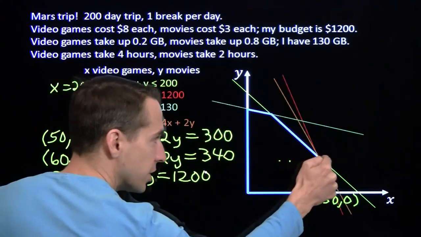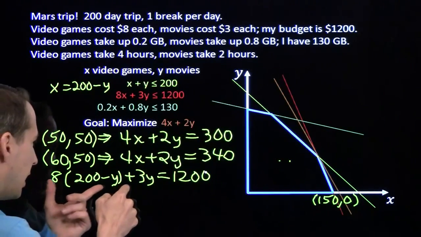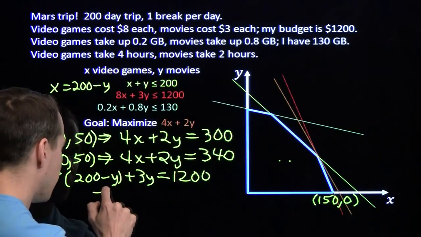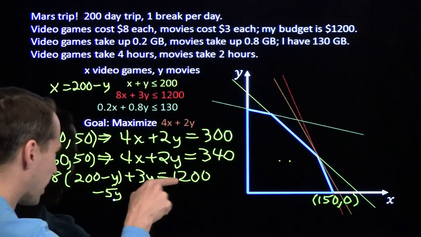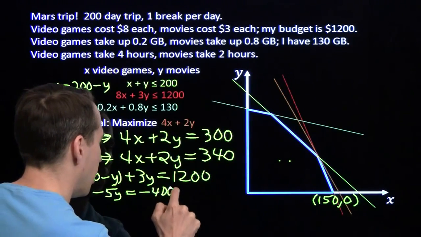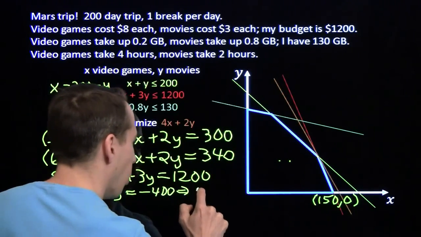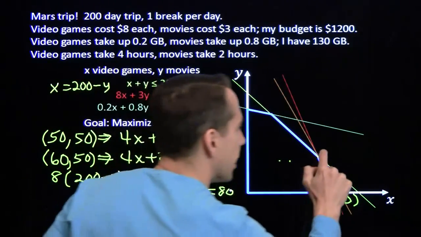And we're just solving for this intersection point right here. Over here we'll have minus 8y plus 3y. That gives me a minus 5y. This gives me 1600. Subtract that from the 1200 over there. We get minus 400, so y is 80. Then I can use this equation up here and I get x is 120.